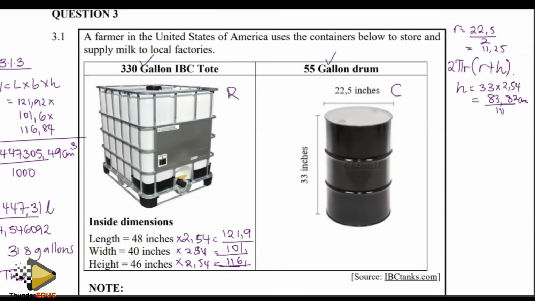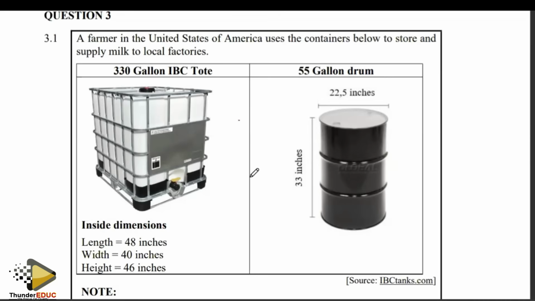These are centimeters, and we divide by 100 to get 0,84 meters. We do the same for the radius, 11,25 times 2,54. Now the radius is in centimeters, and we want meters, so we divide by 100.